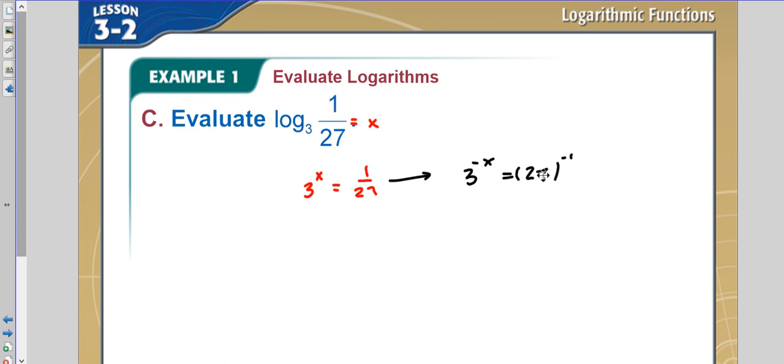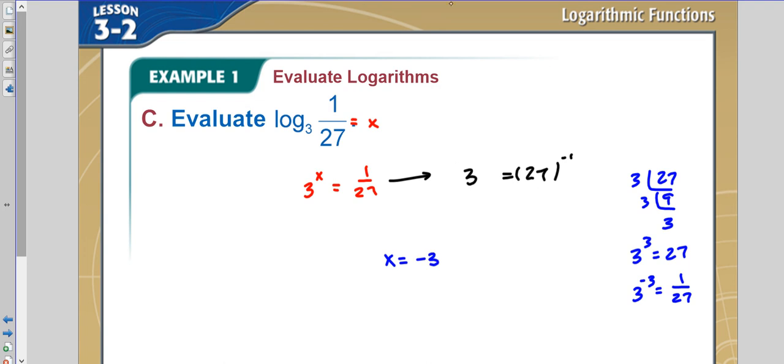Then you would end up taking the negative over. So I'd have 27 divided by 3 is 9. Divide 9 by 3 and you get 3. So we know that 3 to the third equals 27. That means 3 to the negative third would equal 1 over 27. So here we would say that x equals -3 again.